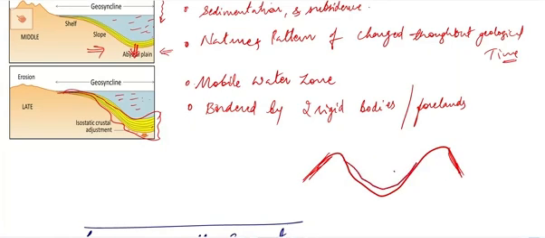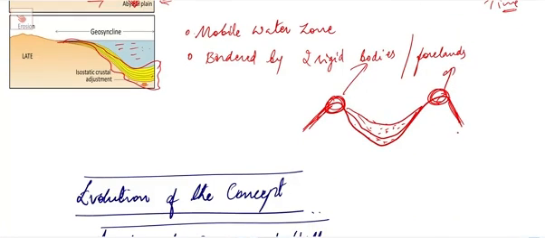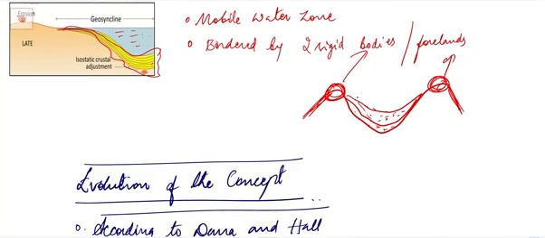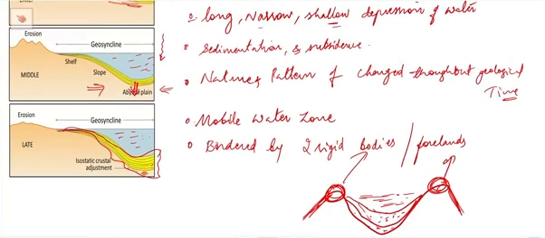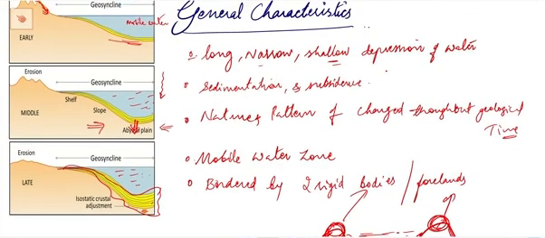So here is the subducted material, and these two limbs or edges are called forelands or two rigid bodies. This is what a rigid body means. And here water is present, this is the mobile water. So this is what a geosyncline and its characteristics are. You can have a quick glance at it.